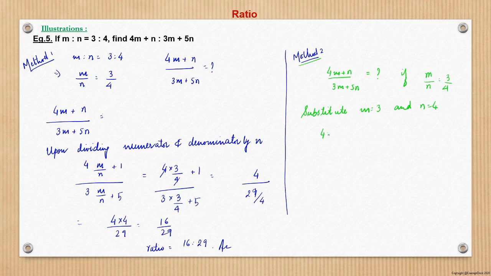We will get 4 into m is 3 plus n is 4, and 3 into m is 3 plus 5 into n is 4. So here we get 12 plus 4, 16, and 9 plus 20, 29, right? So this ratio becomes 16 is to 29.